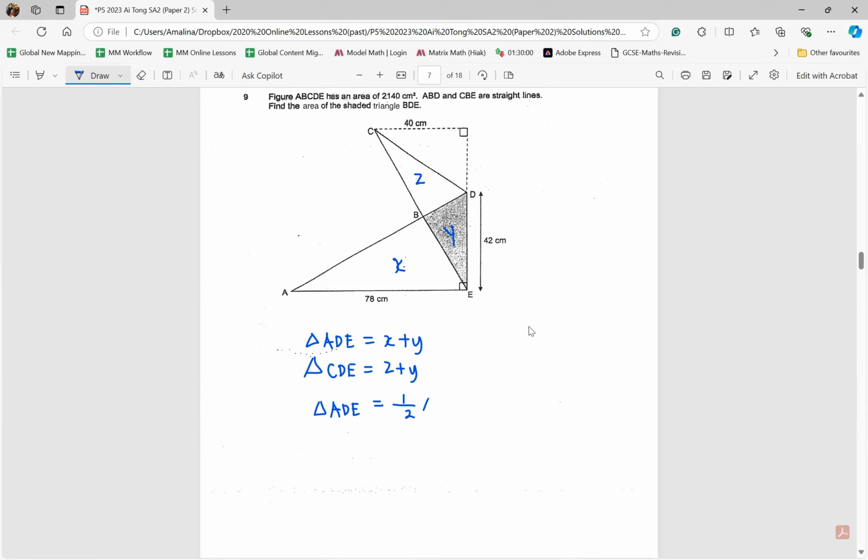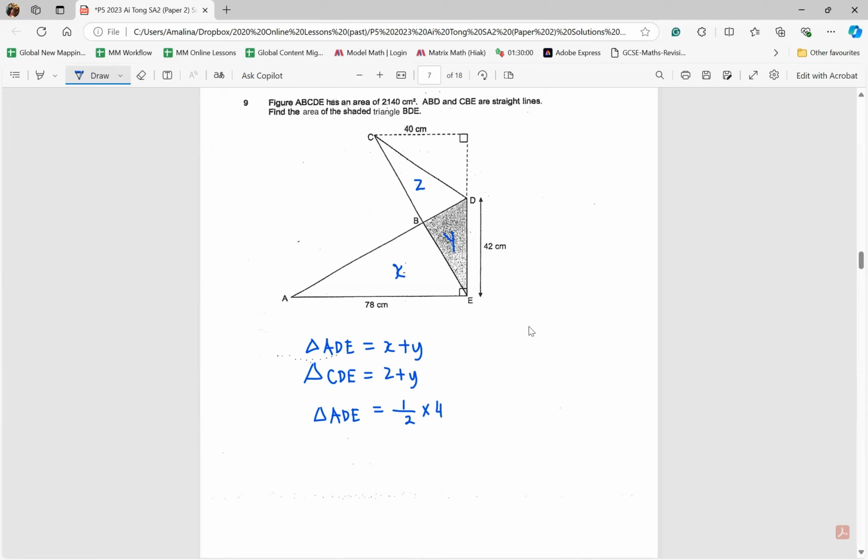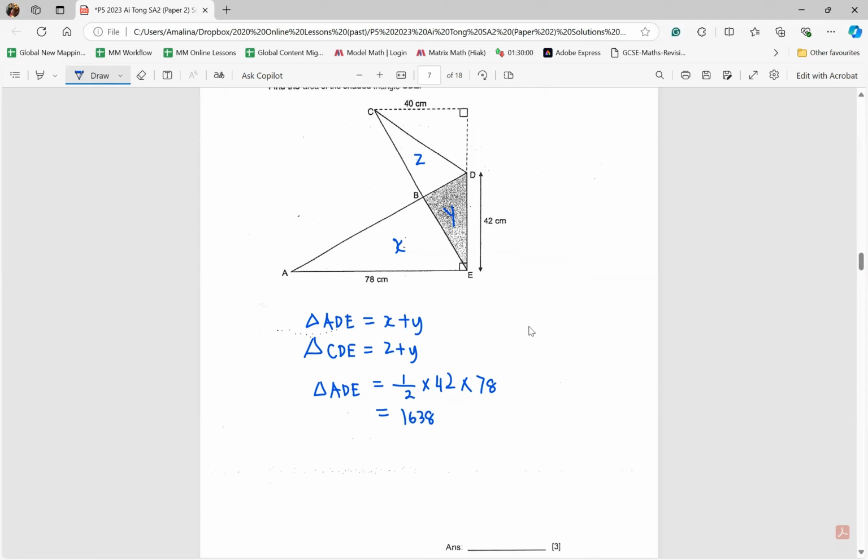Half times my base of 42 times my height of 78. So I get my triangle here to be 1638. Then the area of my triangle CDE is half times 42 times 40. So this one will give me 840.